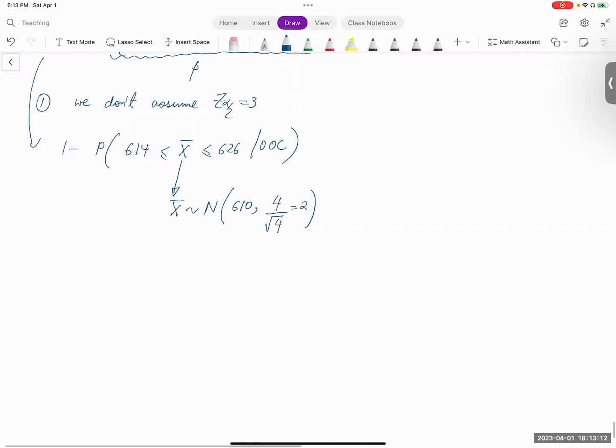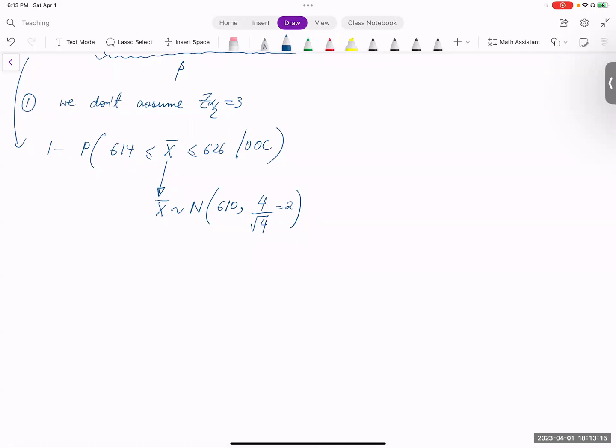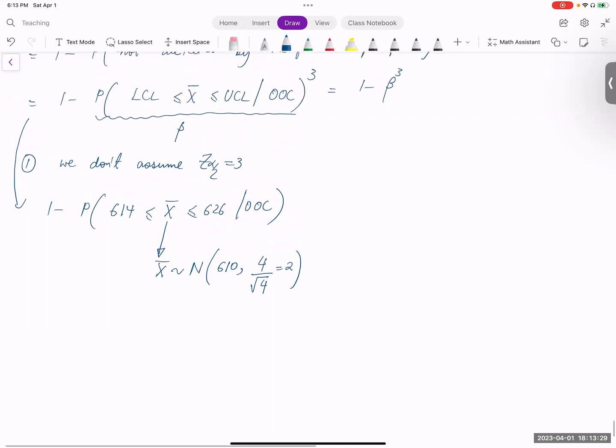And now you can do this on your calculator. You can do norm CDF, lower limit 614, upper limit 626, mean 610, and standard deviation 2. If you plug this into a calculator, you will get the second term: this is equal to 1 minus 0.023 raised to the power 3.